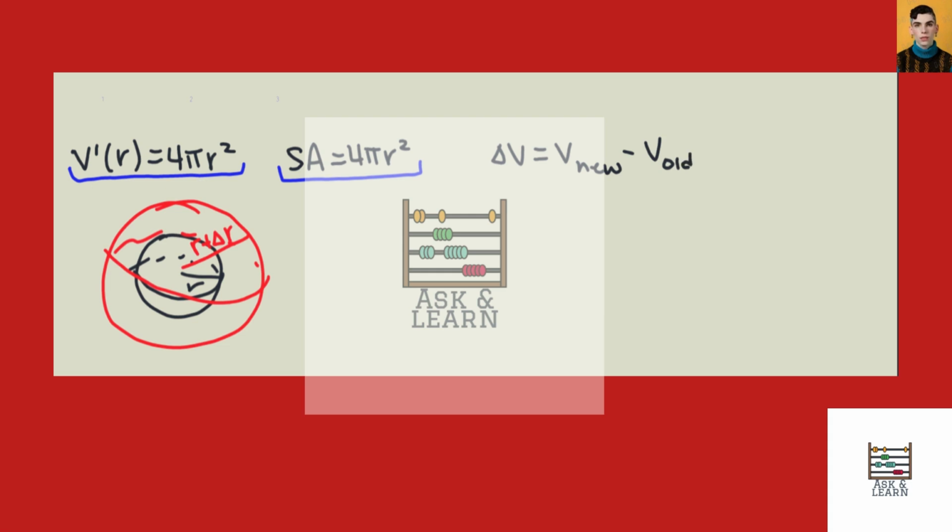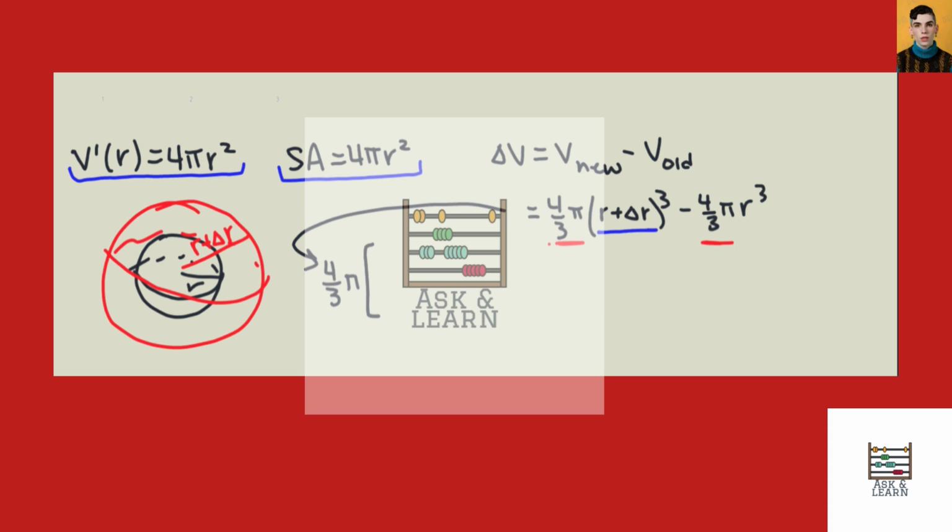The volume of the new sphere is 4/3 times pi times its radius r plus delta r cubed, and the volume of the old sphere is 4/3 pi times its radius r cubed. Now we're going to work this out algebraically. We can factor the 4/3 pi out of both terms, and we have 4/3 pi times, now we need to multiply this binomial out.